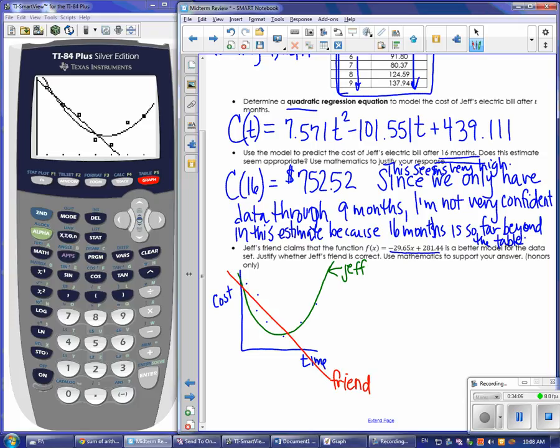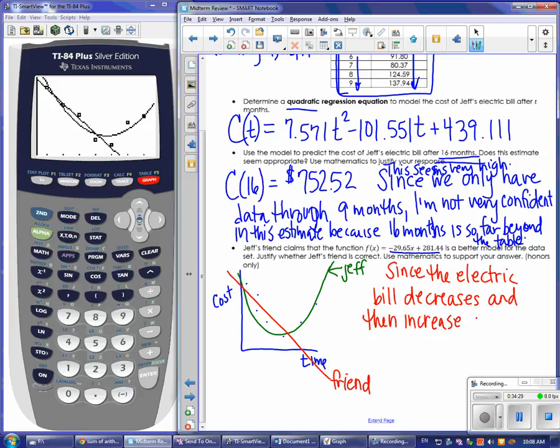So since the electric bill decreases and then increases, and I'm going to say as shown in the table and the graph, a linear model would be inappropriate.